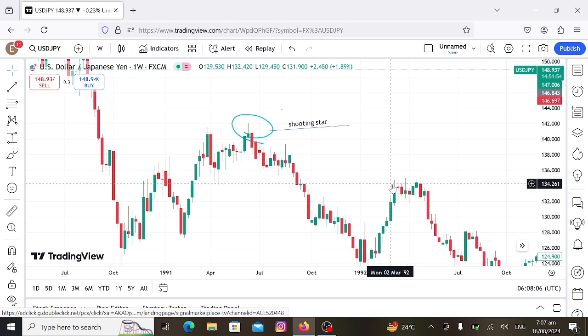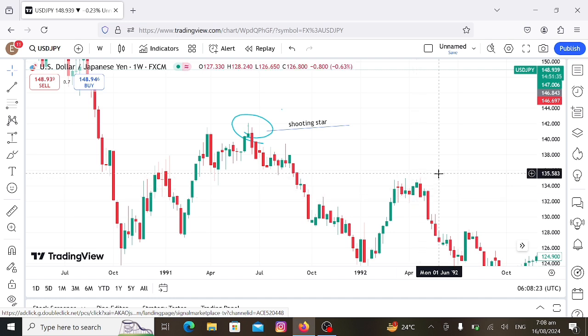We have another one, and I don't know if I have time now, because we have another one which is called the bearish engulfing. So you should digest this first. This is getting too long. I'll do a short video on that later.